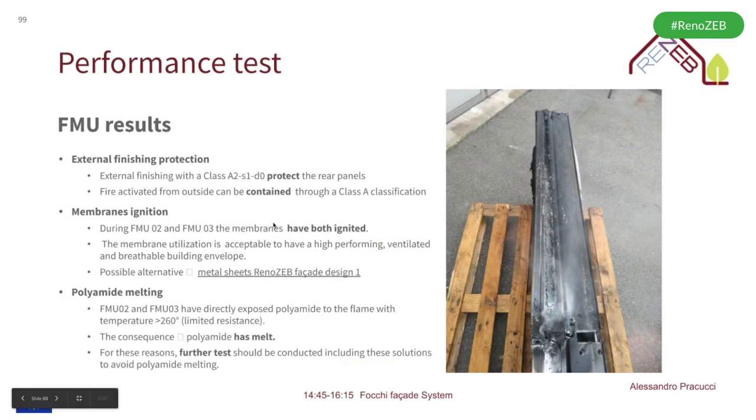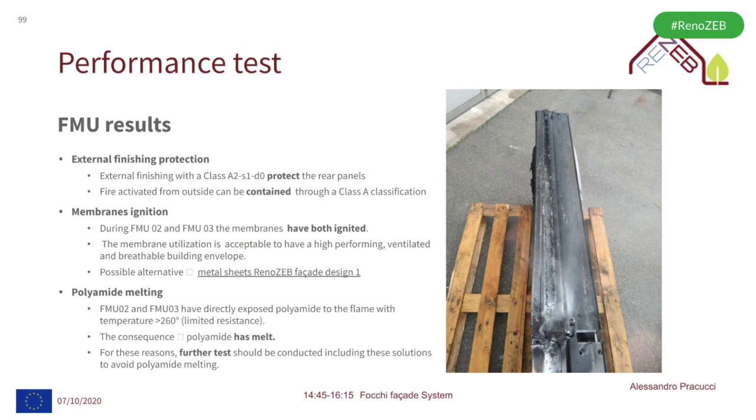The main problem is not related to the external finishing. The external finishing is normally classified for reaction to fire, so we have no problems achieving this type of classification, also integrating the external finishing on our facade.